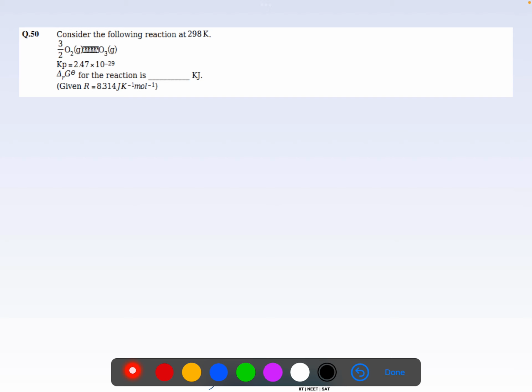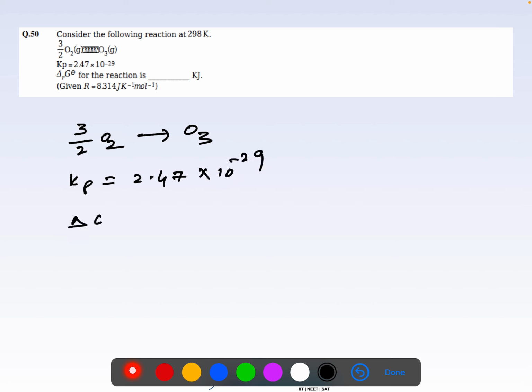Question number 50. Here 3 by 2 moles of O2 are converting into O3. Again the Kp value is given, 2.47 into 10 to the power minus 29, and the question asks for delta G. Delta G will be minus 2.303 RT log base 10 Kp.